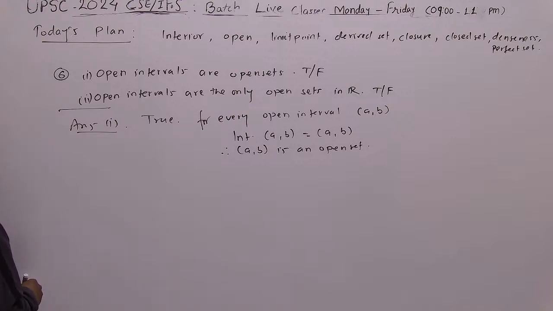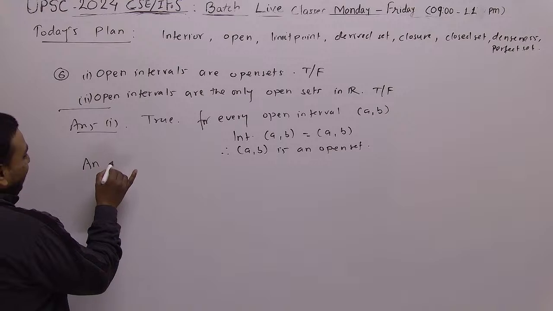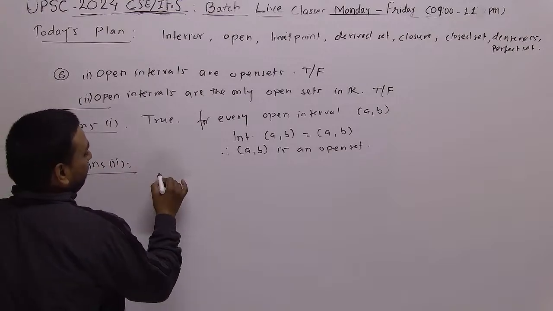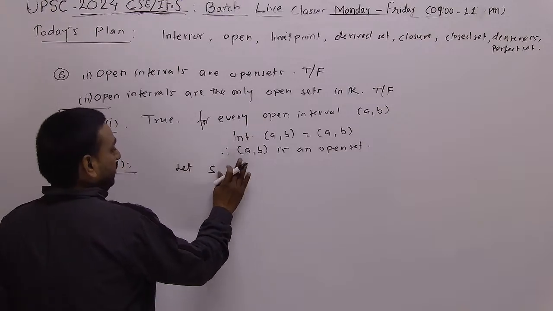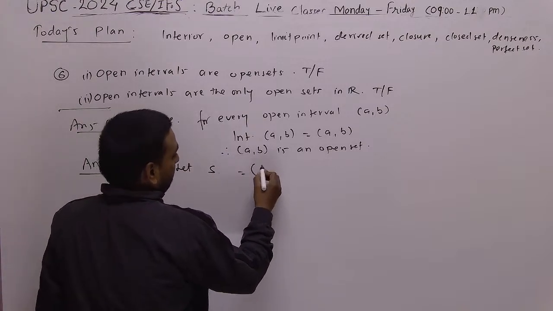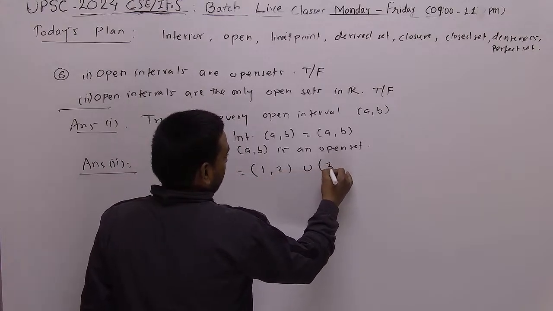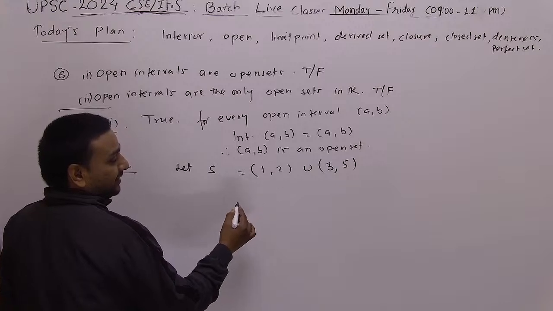Disjoint union will not be so. Now you got the point. Good. See, let S equals (1,2) union (3,5).